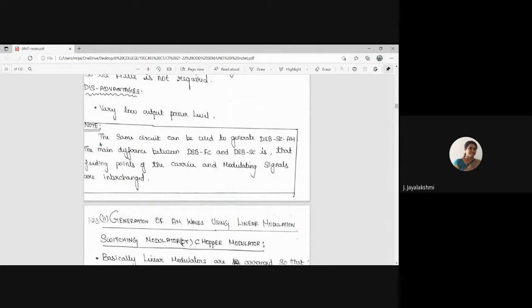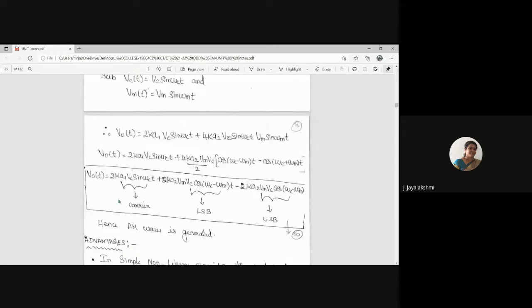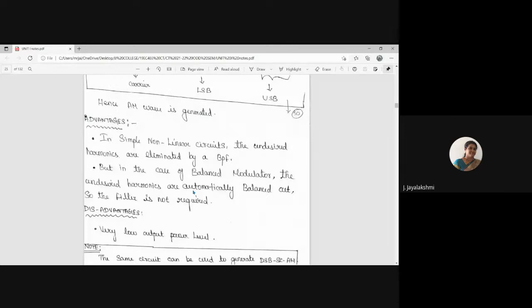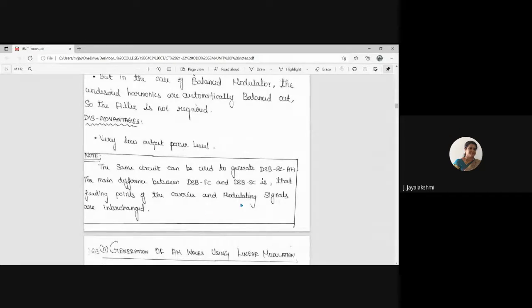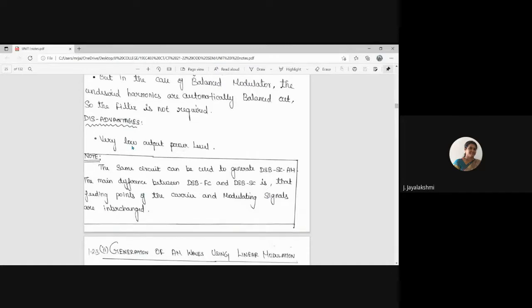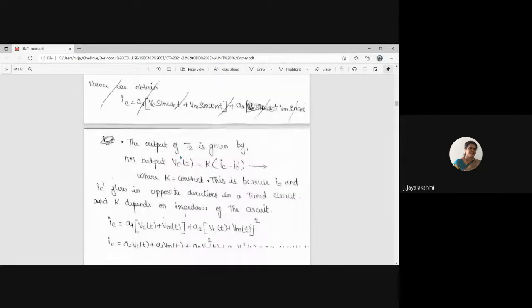So these same circuits can be used for generating suppressed carrier AM. The main difference between full carrier and suppressed carrier is that the carrier part has to be removed. Then it will have only the double sideband in the expression. How can you remove it? You can remove it by interchanging the carrier and the modulating signal points.